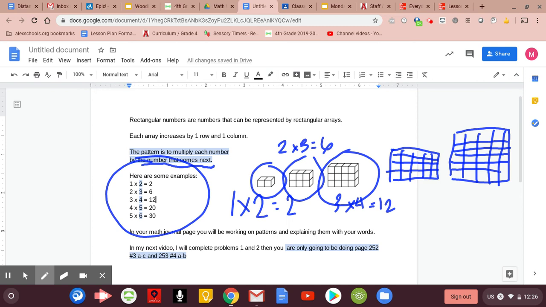So you will also be explaining them with words, which is what I said here. So use that text box. Don't forget the text box. It's way easier than writing. And just try your best to explain what you did. So here I explained that the pattern is to multiply each number by the number that comes next. All right, let me know if you have any questions.